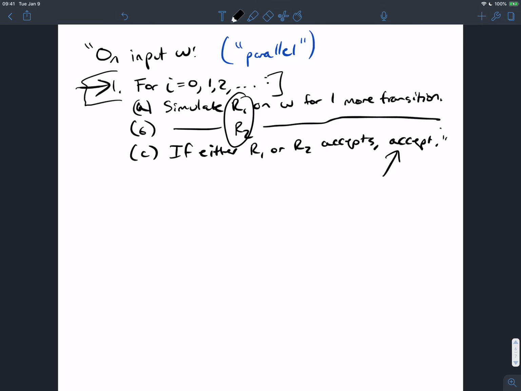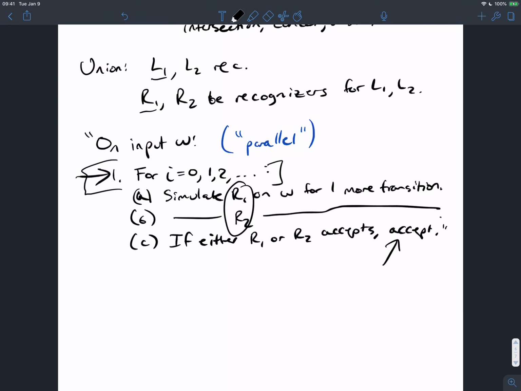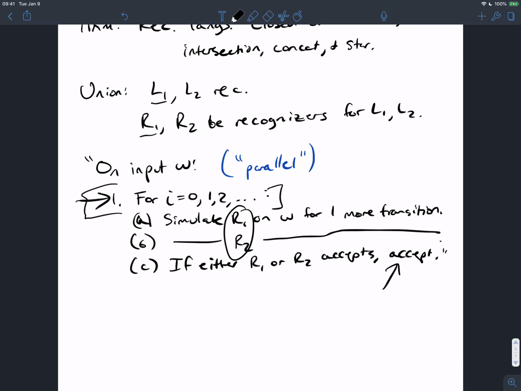Yeah. This is more of a general question about recognizers. If it doesn't have to halt on reject, then what's the use of them? Because something could go for a very, very long time, but still end up stopping, but then you'd have to wait a very, very long time, and you don't know how long you would have to wait in theory. Right. Because we'll eventually show that decidable and recognizable languages are not the same.